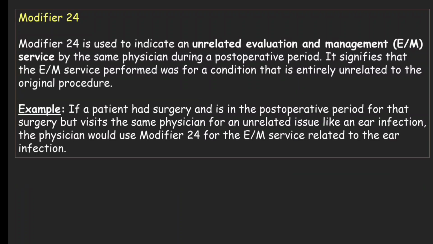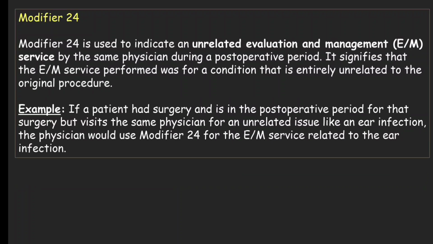Next modifier 24. It is used to indicate unrelated E&M service by the same physician during the post-operative period. It signifies that the E&M service performed was for a condition that is entirely unrelated to the original procedure.